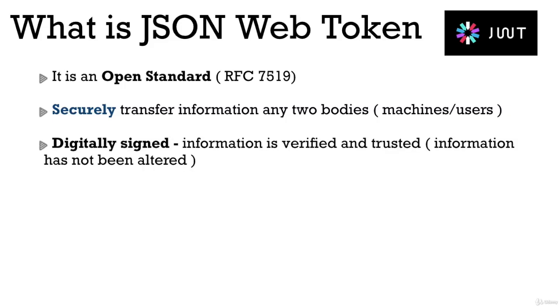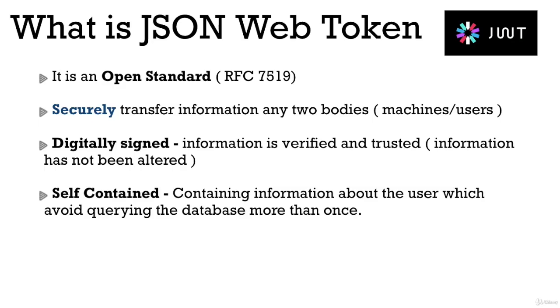It is digitally signed. When we say digitally signed, that means it will always verify that the information which we are sending is secured and has not been changed or altered when it reaches its destination. And this JSON Web Token is also self-contained.